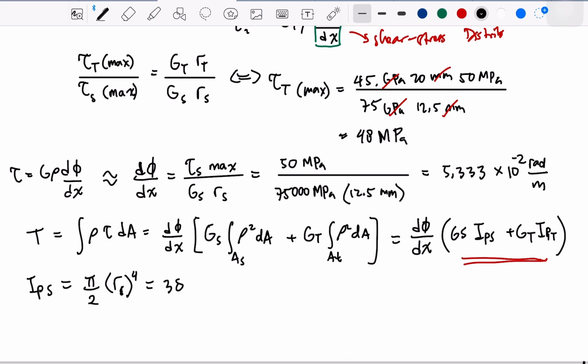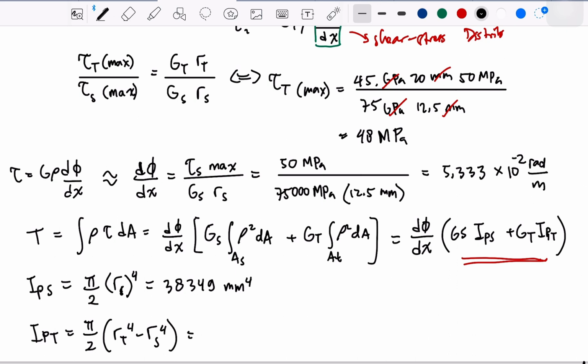So 38349 millimeter to the power of 4. And for titanium, it's pi over 2 times r titanium to the power of 4 minus r steel to the power of 4, because it's hollow.